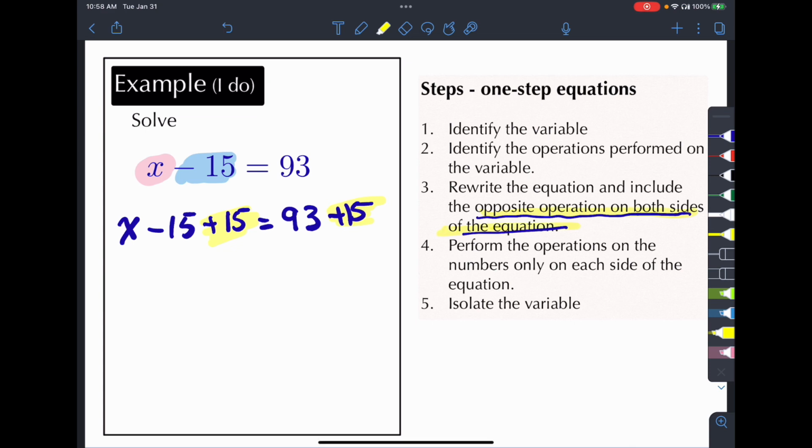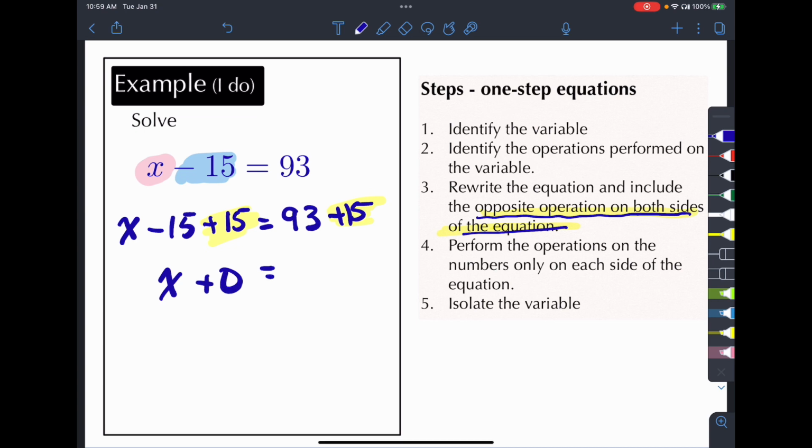Okay. All right, step 4, we perform the operations on the numbers only on each side of the equation. So on the left side, we have minus 15 plus 15. They add to 0. So we end up with x plus 0.